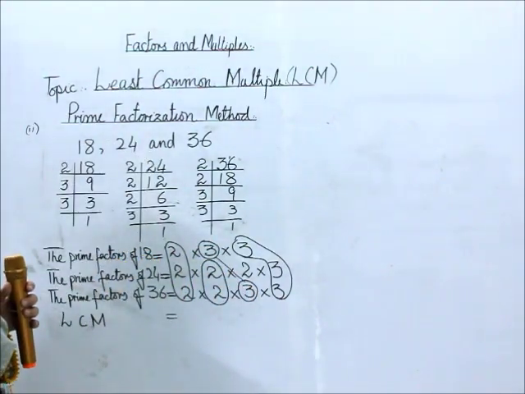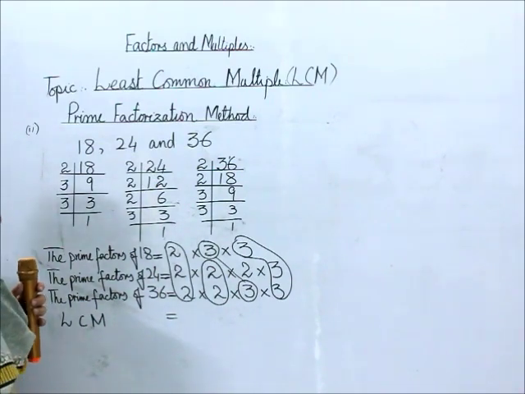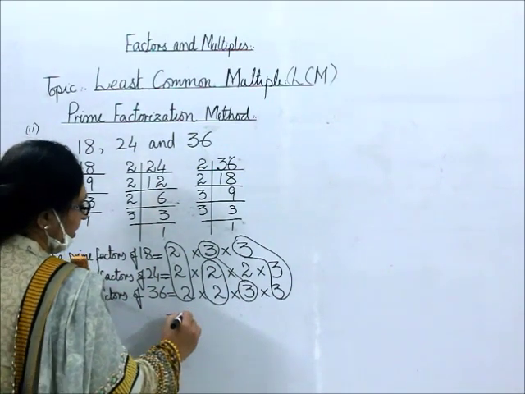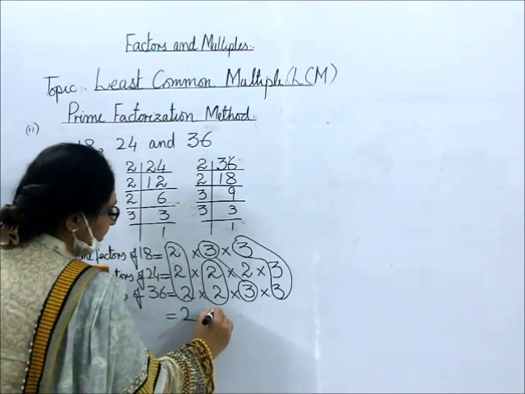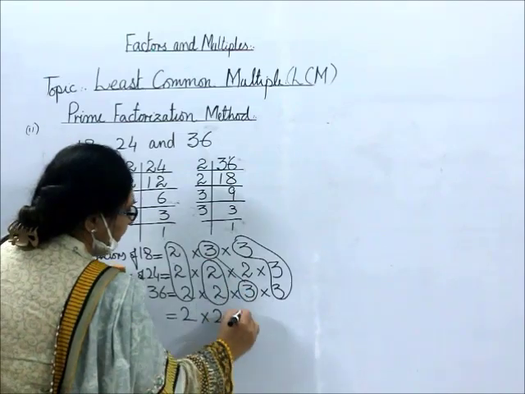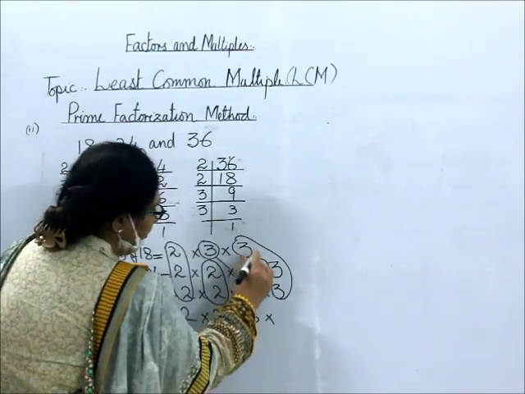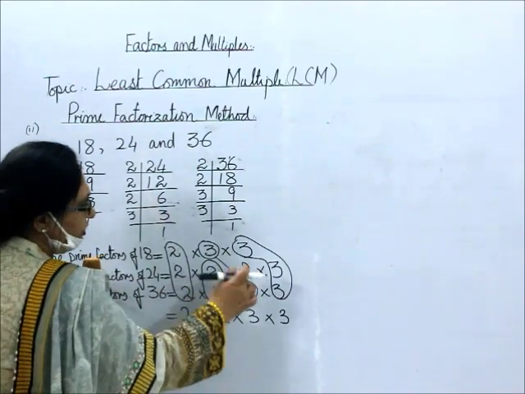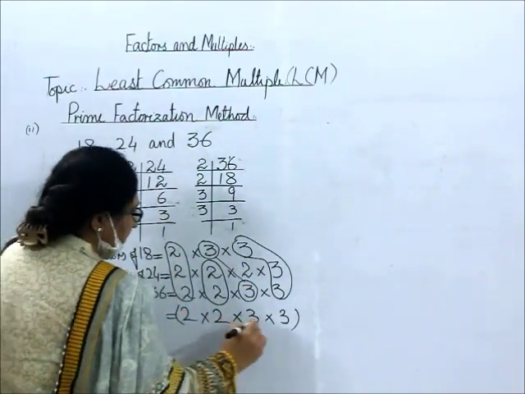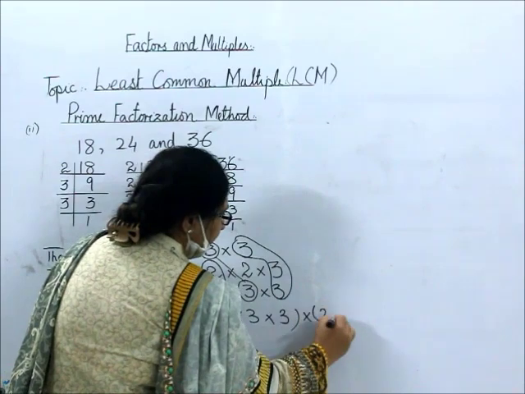LCM is the product of common factors and all the remaining factors. So the common factors are: we will take 1 from this 2, 1 from this 2, 1 from this 3 and 1 from this. These are the common factors, and what is the remaining? Just 2 is the remaining factor.